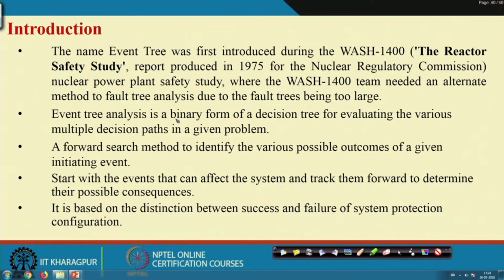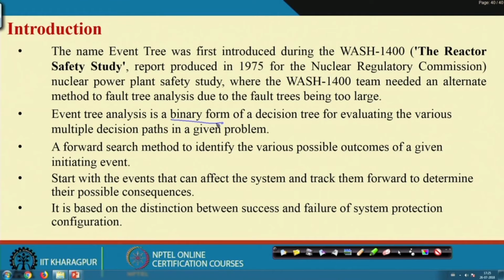So, as a result, there is a binary form, failure or success, and you go forward in that manner. If the first configuration or first layer fails, then what is the second subsystem which will act depending on the first one failing? There also failure and success will take place.